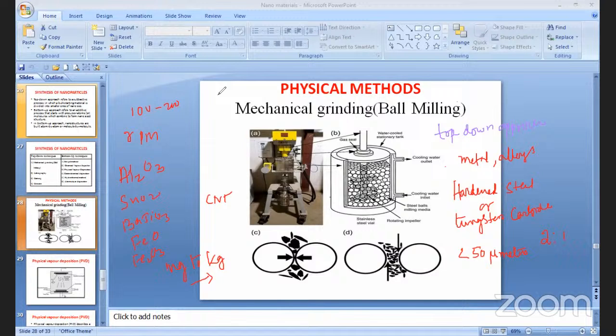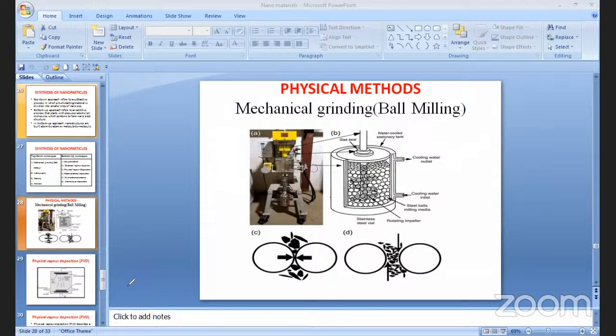So the drawback, or limitation, of this ball milling method is that it is a very simple method for synthesizing nanoparticles, but some impurities arise from the rotating balls and due to the inert gas. So this is about the ball milling method. It is very important.